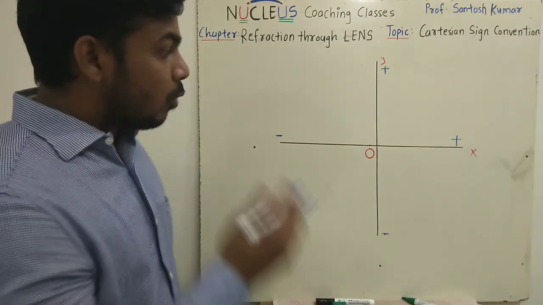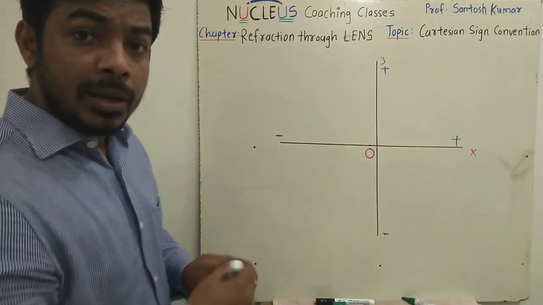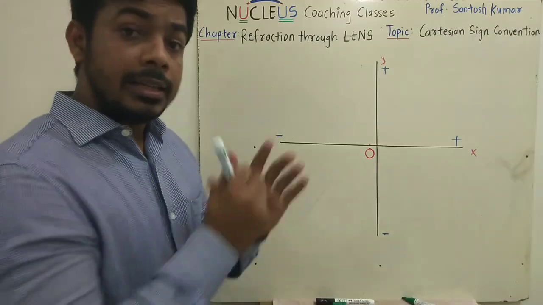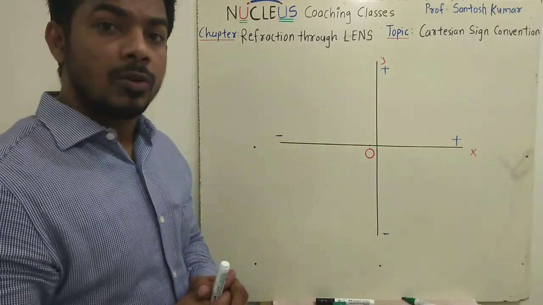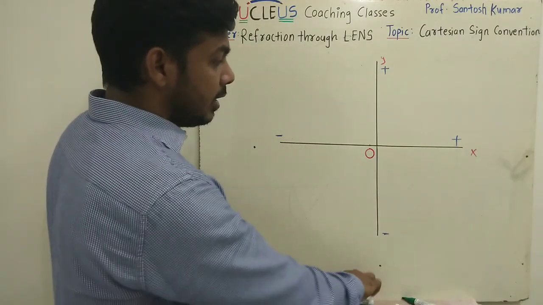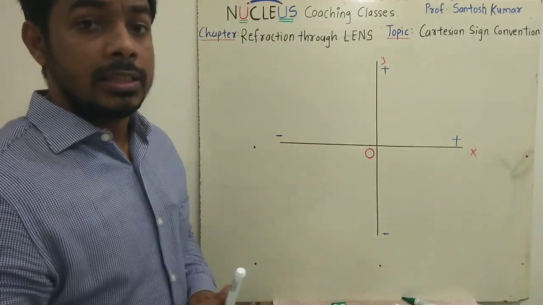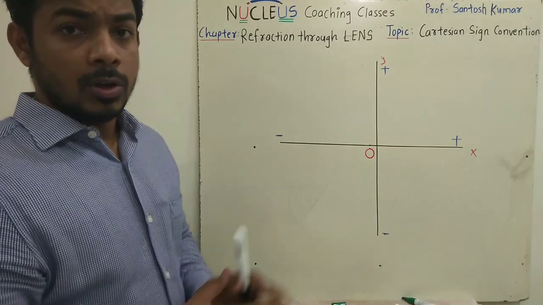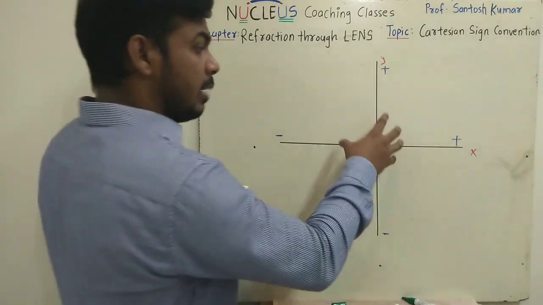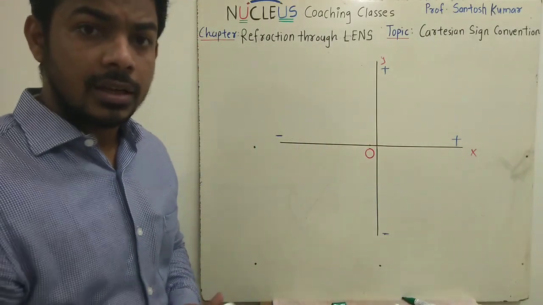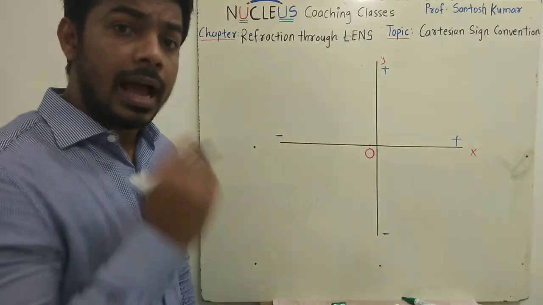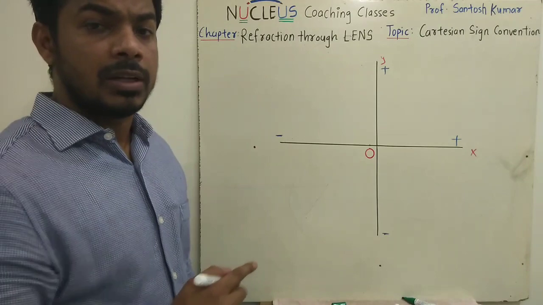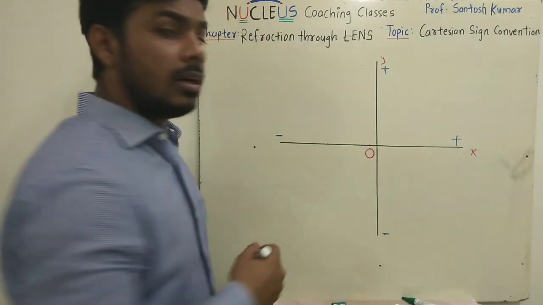Okay. So what I am doing over here, I am keeping a lens in the coordinate system such that the optical center of a lens coincides with the origin of the coordinate system. So make sure that whenever you keep a lens in the coordinate axis, the optical center of the lens coincides with the origin and the principal axis of the lens lies along the x-axis.